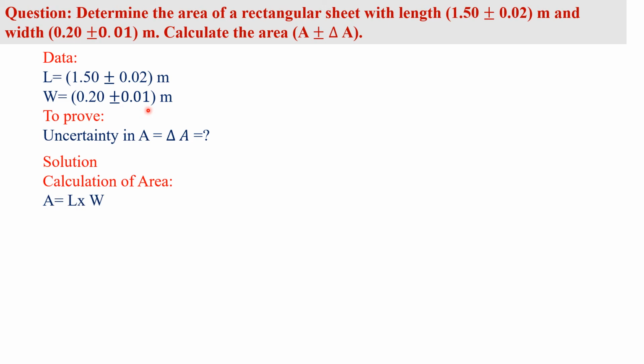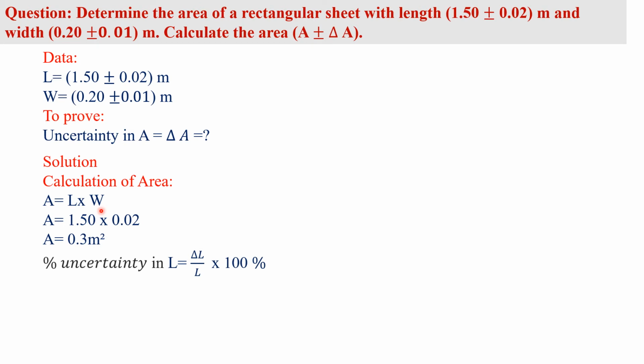Solution. Calculation of area. Area is equal to length into width. Putting the values of length and width, we get A is equal to 1.50 into 0.20 and area is equal to 0.3 meter square. Now we can calculate the percentage uncertainty in length and percentage uncertainty in width.